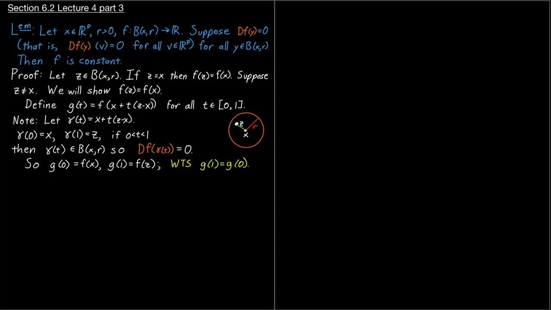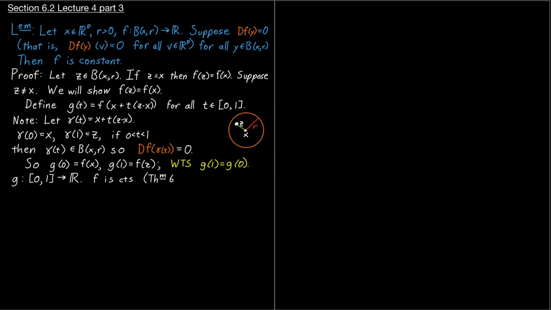So let's list off some properties of g. G, as we have seen, is a function from [0, 1]. Gamma takes you to R^p, f takes you back to R, so we can use all of our material from chapter 1 and chapter 2. Now, f is continuous because it is differentiable.